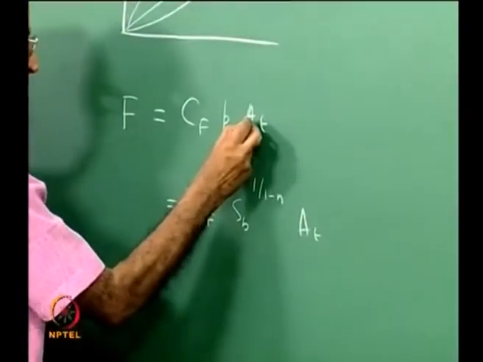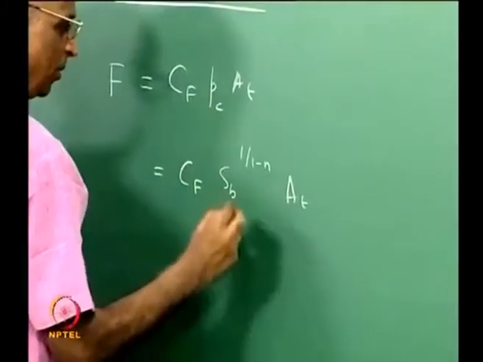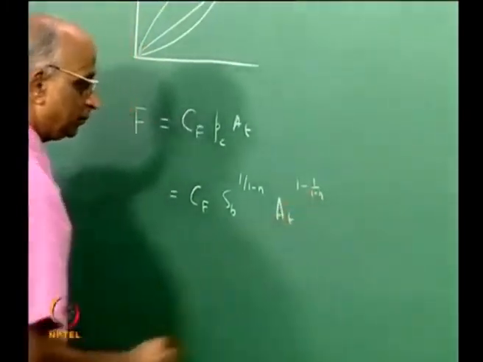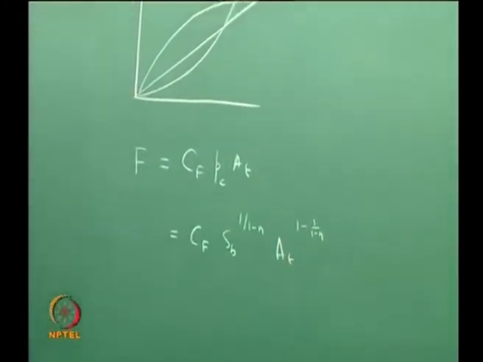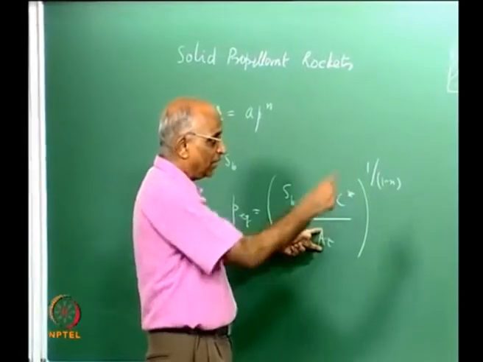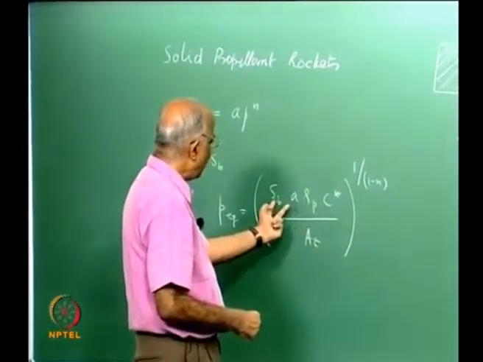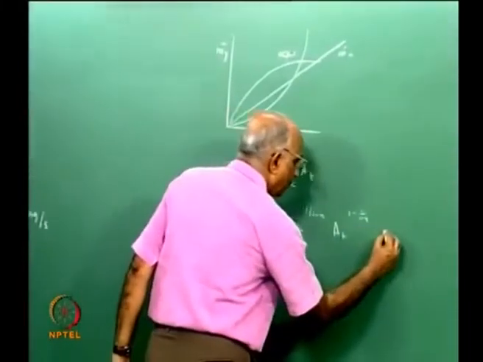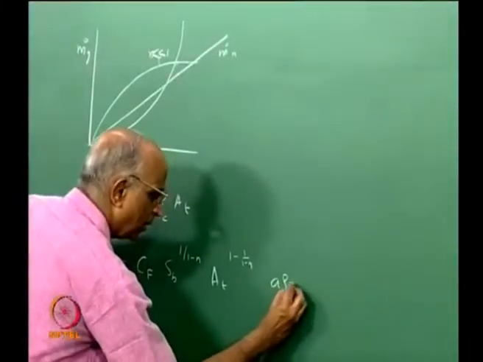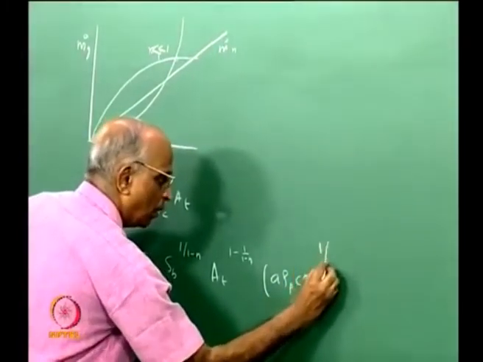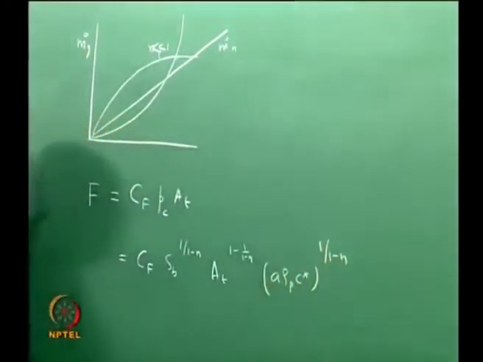Now At is in the numerator here, At is in the denominator here, therefore At to the power 1 minus 1 by 1 minus n. I have just substituted the value of At over here, minus 1 over 1 minus n, there I had it in the numerator, and then I soak the other parameters, namely a, the value of rho_p into C star to the power 1 over 1 minus n, right.